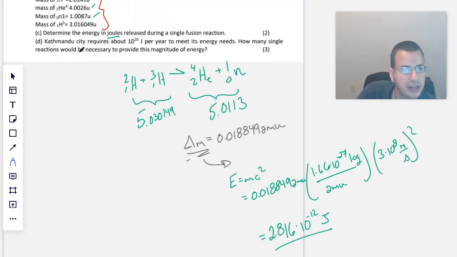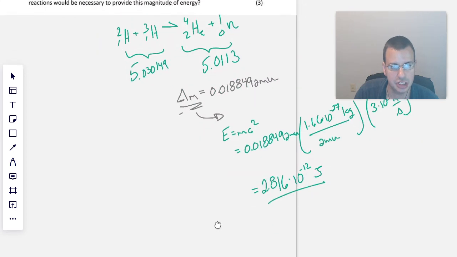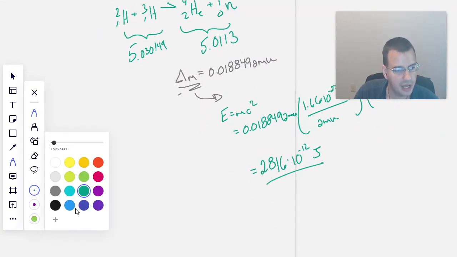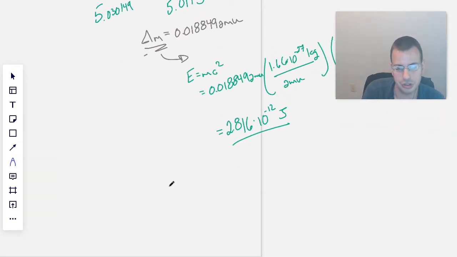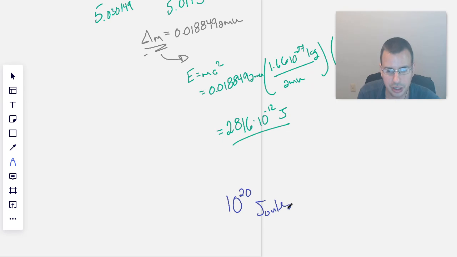And then determine the energy in joules. Kathmandu city requires 10 to the 20th joules per year to meet its energy needs. How many single reactions would be necessary to provide this magnitude of energy? All right, so we have 10 to the 20th joules per year.